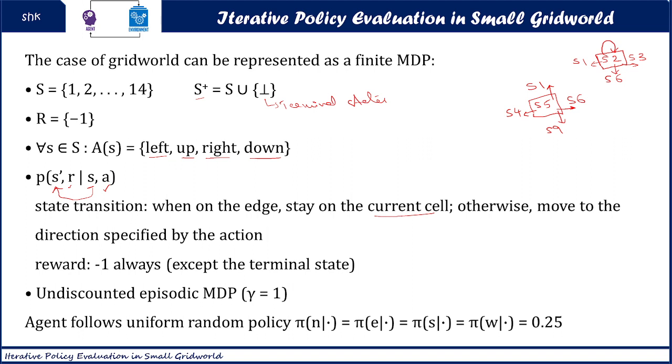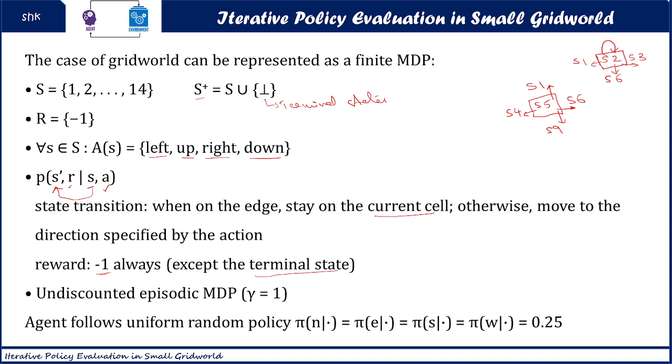Here we are going to consider the reward is -1 unless the state transition is to a terminal state. For all the remaining states, if the state is moving from S1 to S14, we are going to consider the state transitions with the transition reward equal to -1.